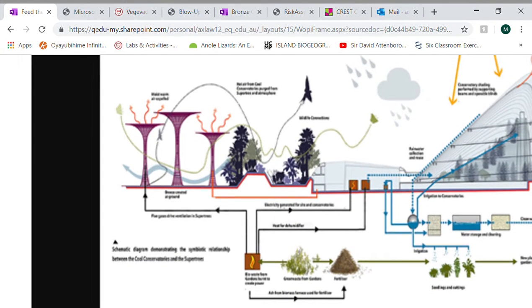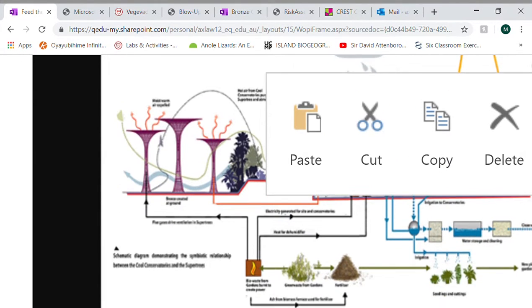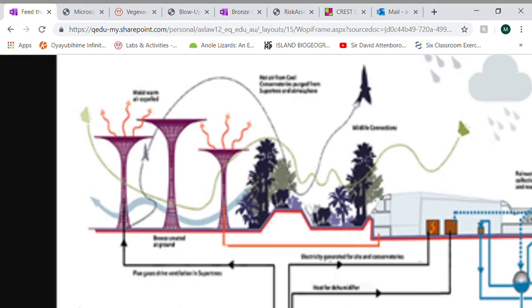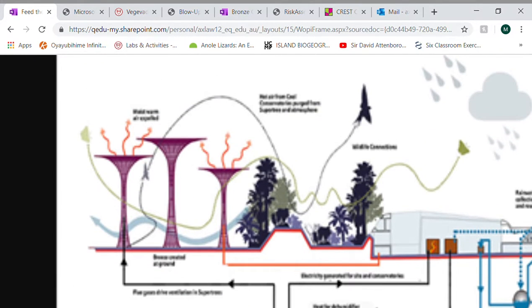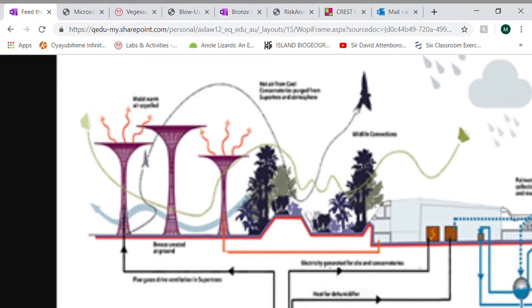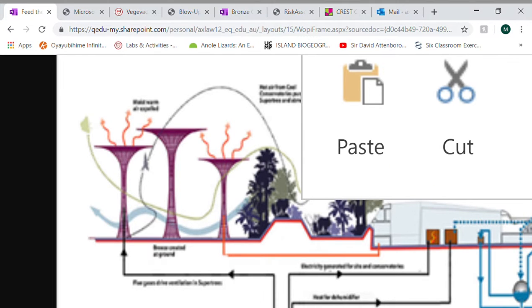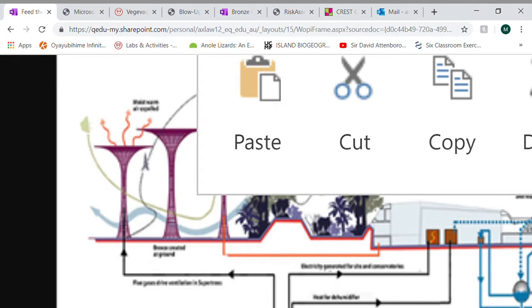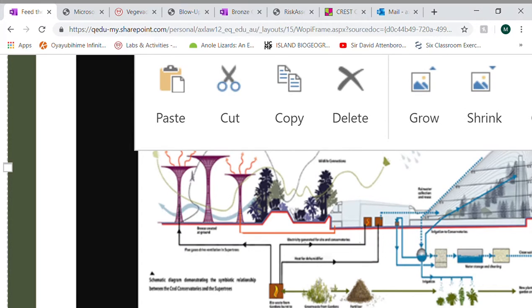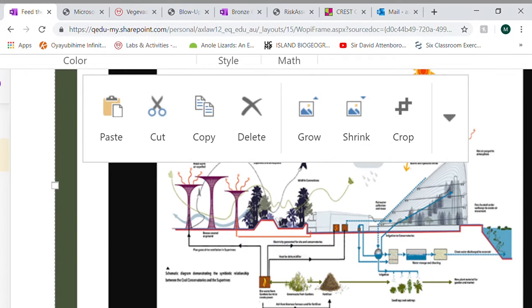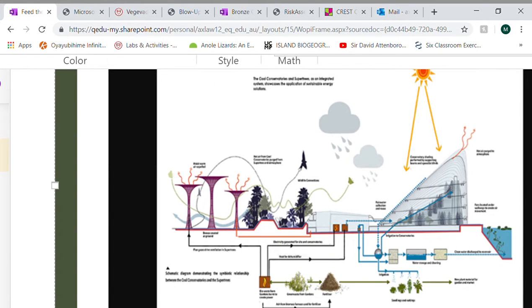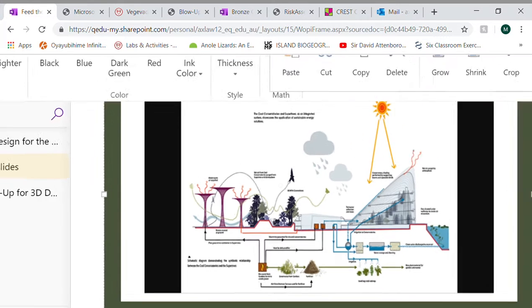What you can't see on the left-hand side is the underground thermal vents. That red line running across is the underground thermal vents, and those thermal vents are powered by solar panels on the top.